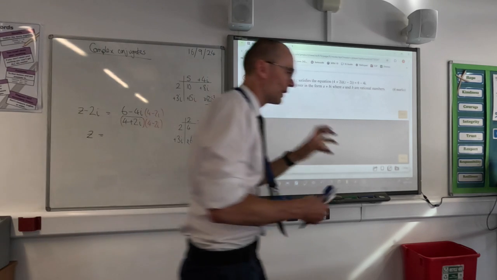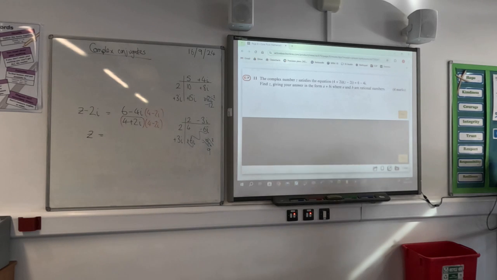Z, remember, is a complex number, so it's going to be a plus bi. It's going to be just like in the previous question, a complex number.